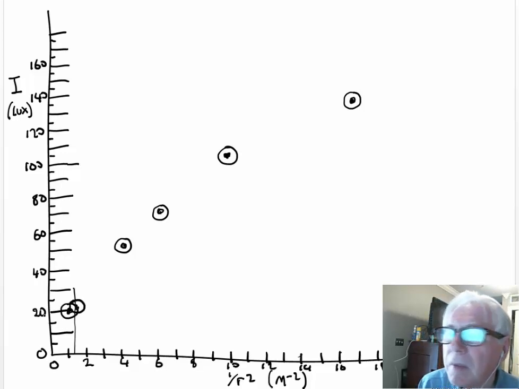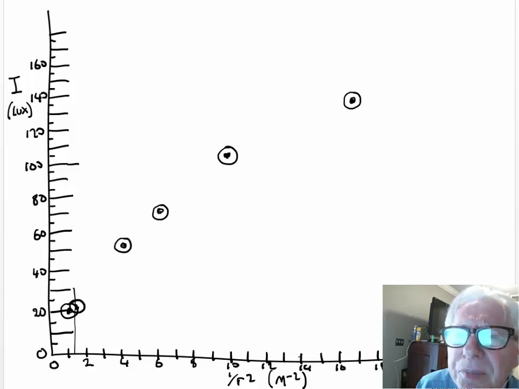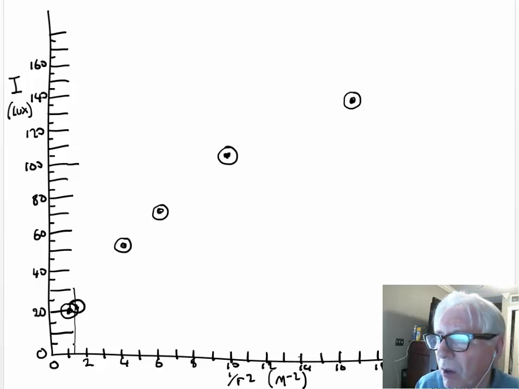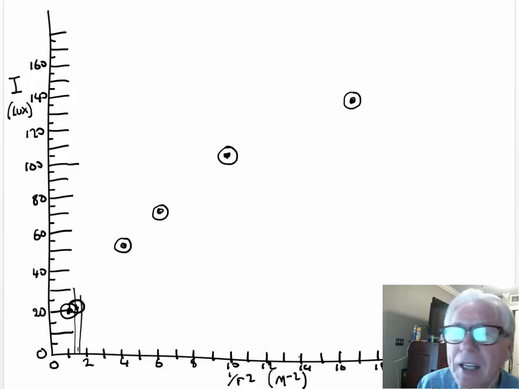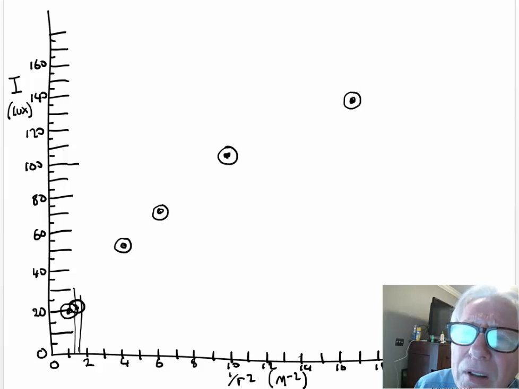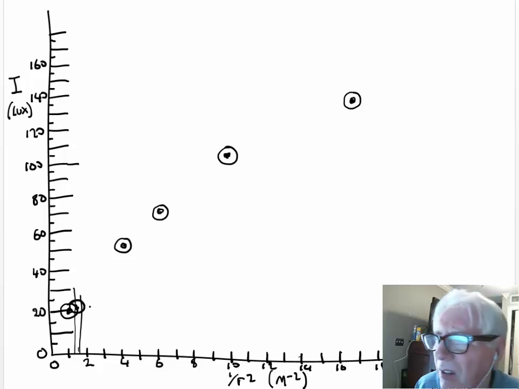And then I get 1.56. Can you see I'm clustering all these things down here? Not really helpful, is it? It's checking to see if it's repeatable. But I think I had the idea at the time that I was stepping nicely through R. And really, that's not what it's about.